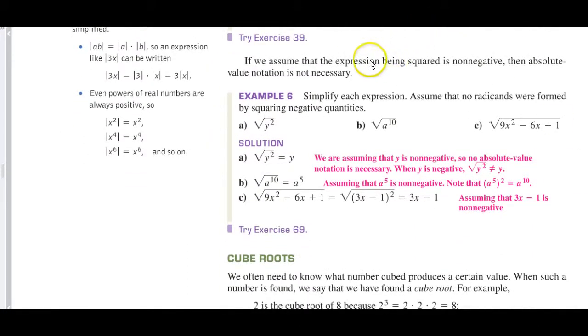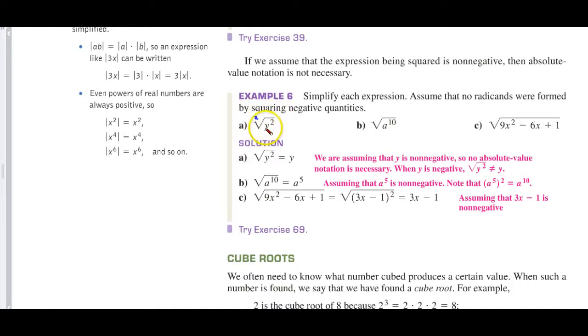Okay, here we're going to say that the expression being squared is non-negative. Therefore, absolute value notation is not necessary. So here's a good case where we can just do it with the 2 there. Remove the radical sign.